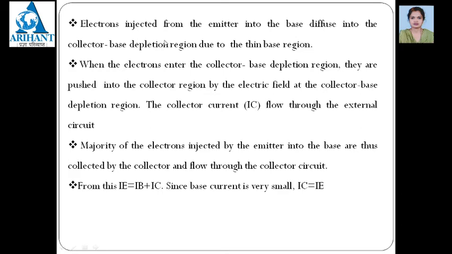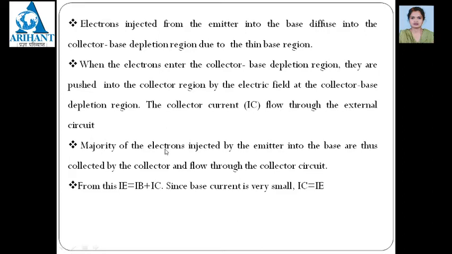Now the electrons injected from the emitter into the base diffuse into the collector base depletion region due to the thin base region. And when the electrons enter the collector base depletion region, they are pushed into the collector region by the electric field at the collector base depletion region, and hence collector current IC flows through the circuit.